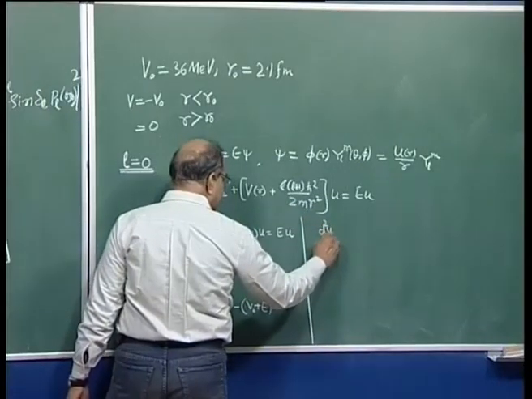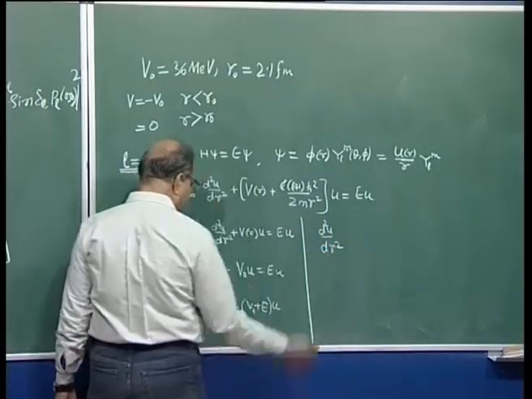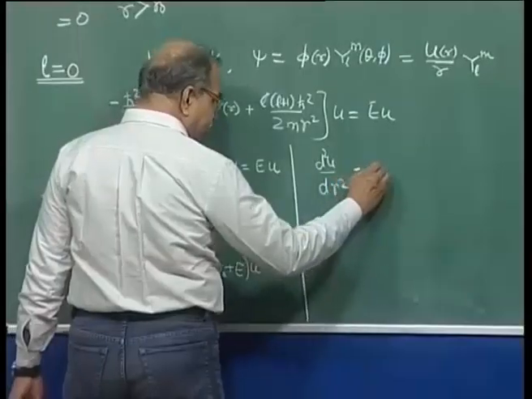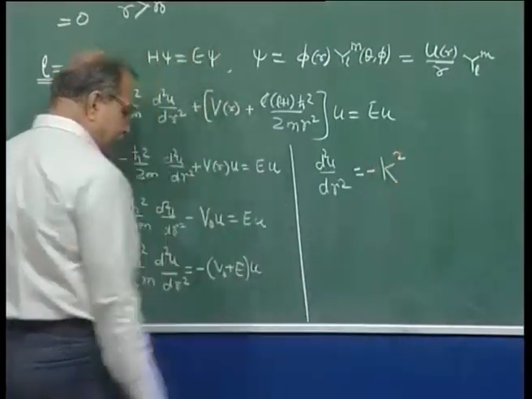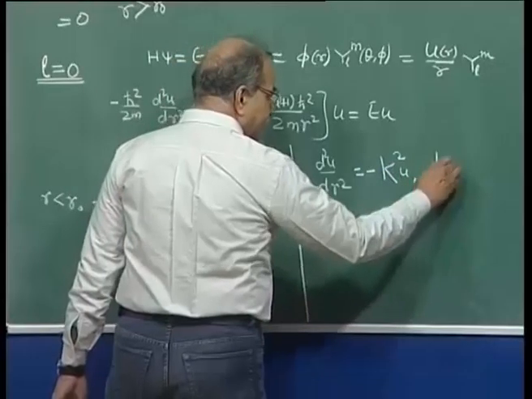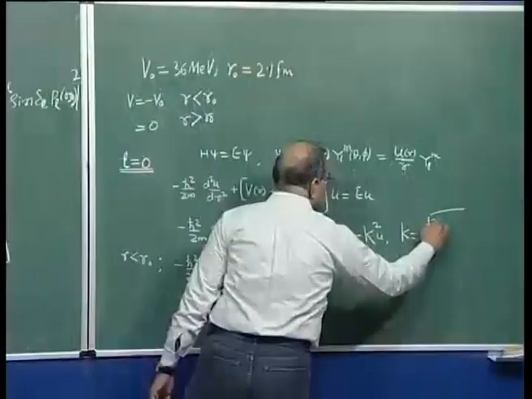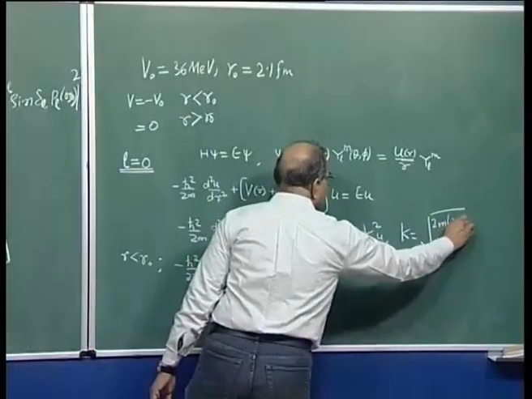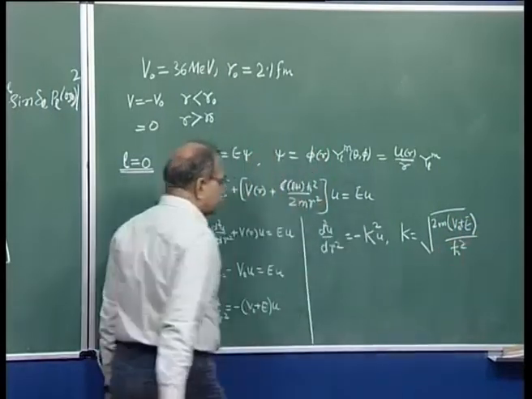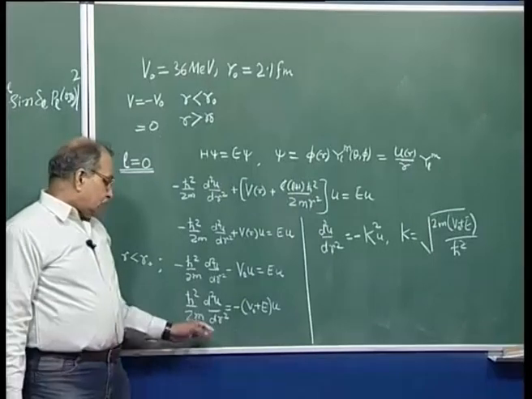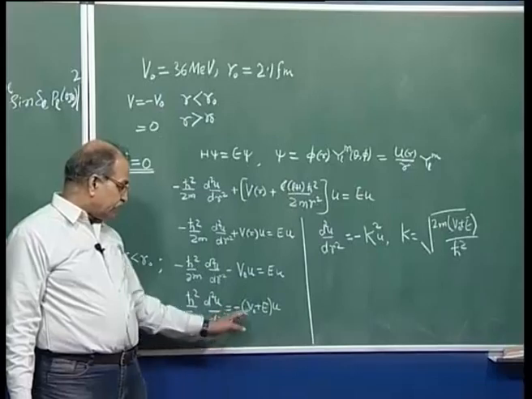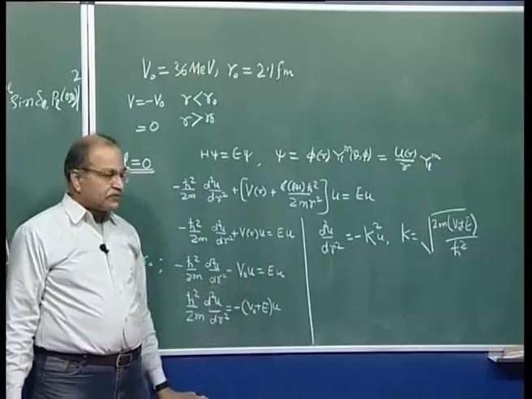So, this thing is now d2u dr square equal to minus capital K square u, where capital K is the square root of 2m times V naught plus E over h cross square. I bring 2m over h cross square here, and this thing is capital K square.